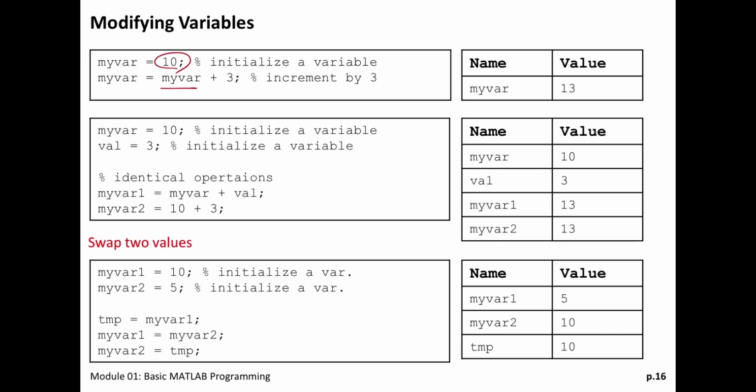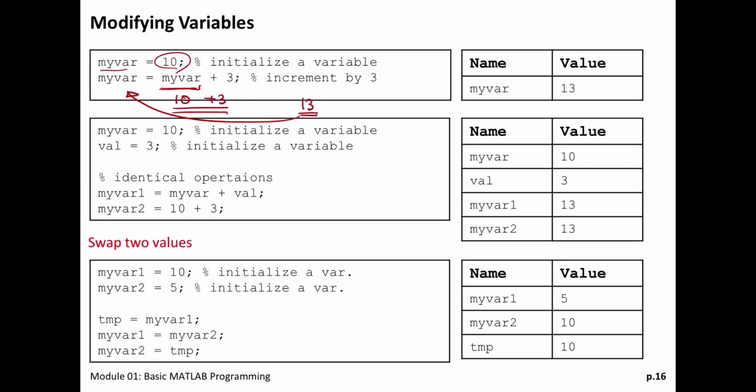For instance, in this example, we put my variable here. This means you're going to do 10 plus 3. Okay, so we are going to read the value inside of this variable and then add 3. That's why at the end, 13 is assigned to my variable. Make sense?